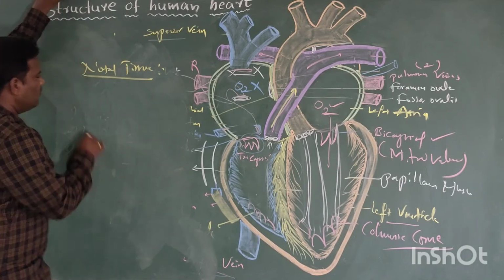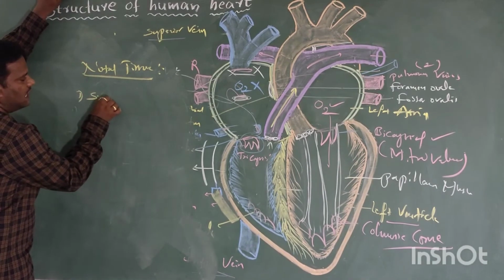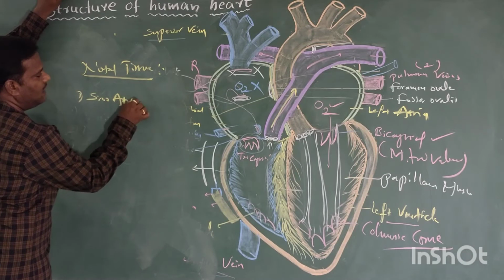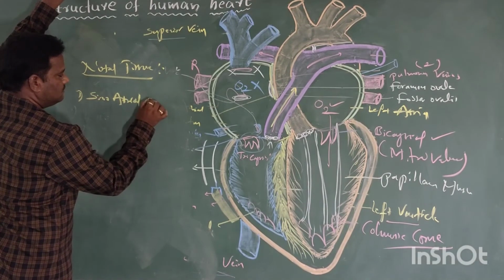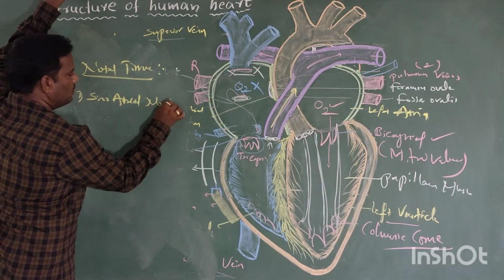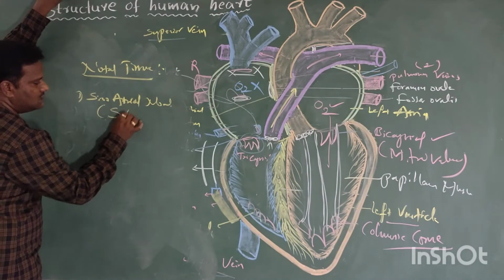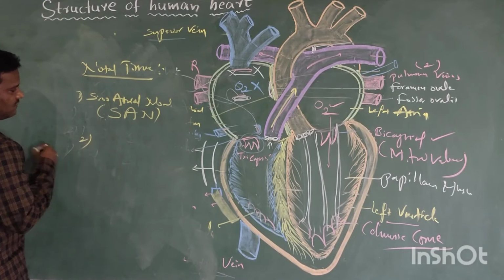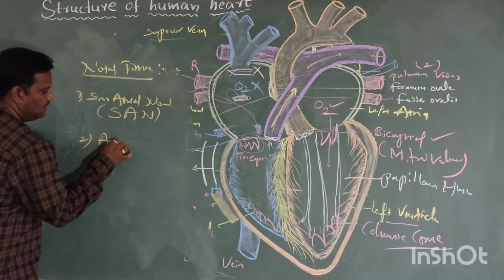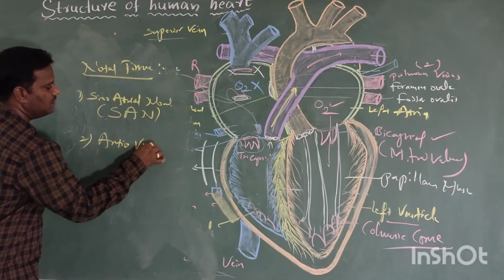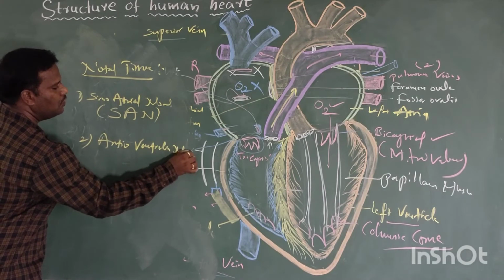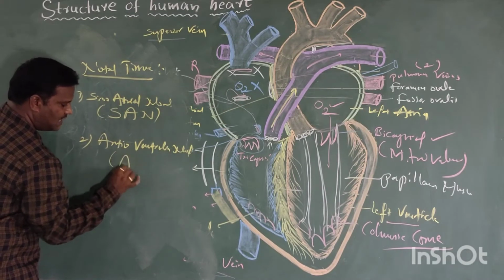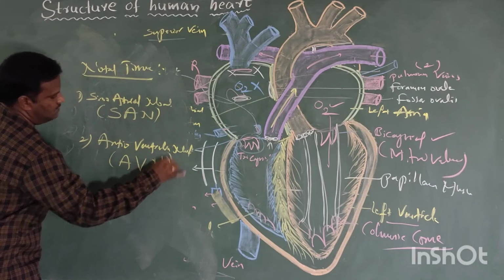One is the sinoatrial node, also called SAN, and the second one is the atrioventricular node, also called the AVN.